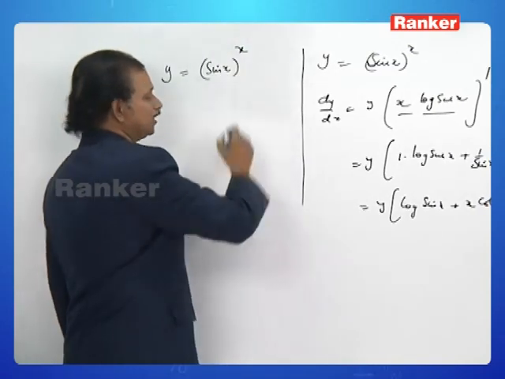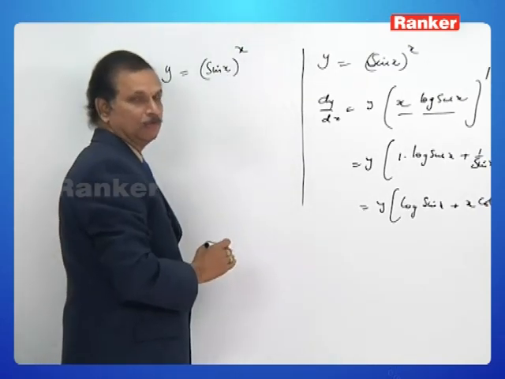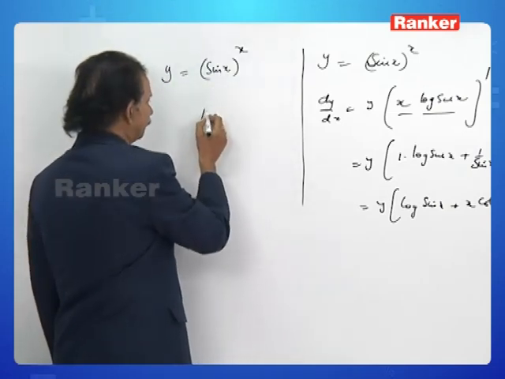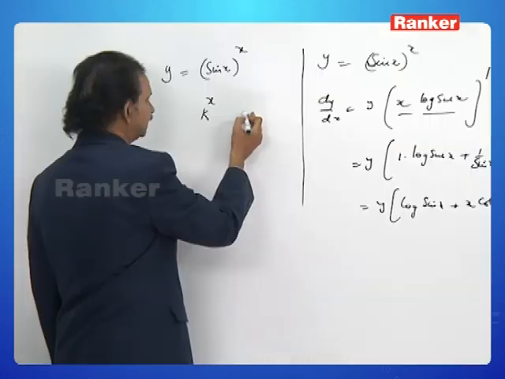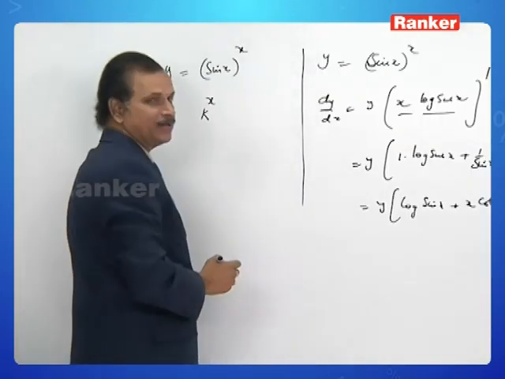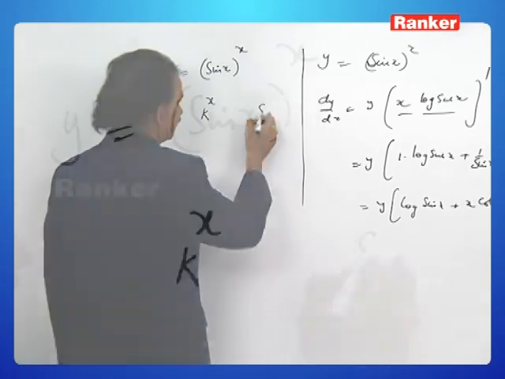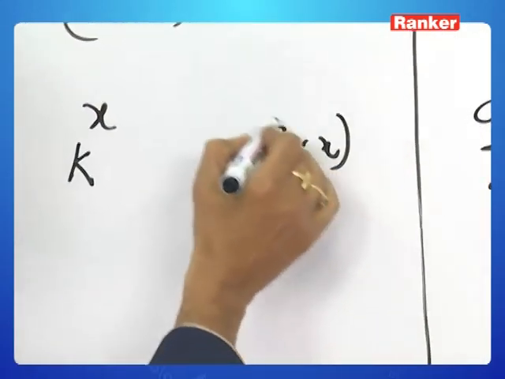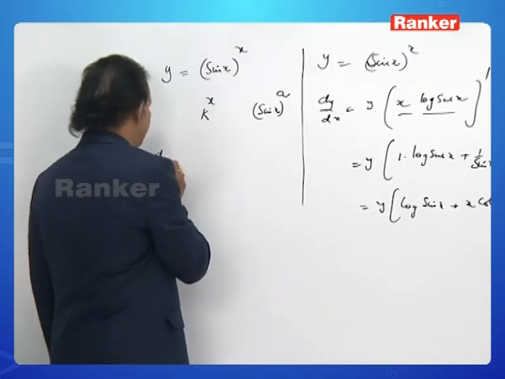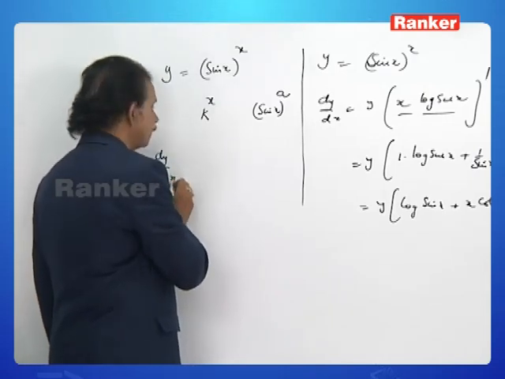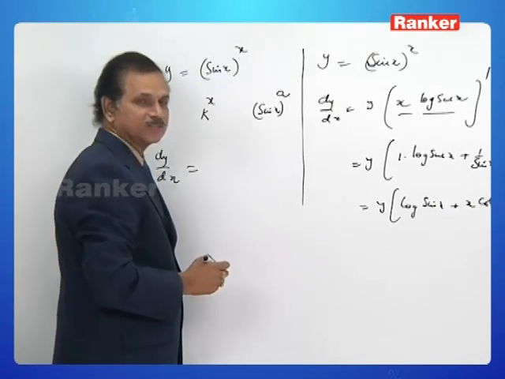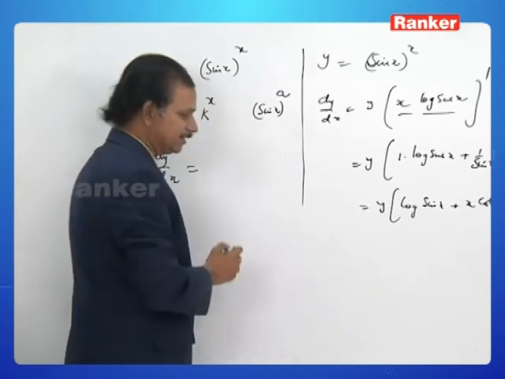You split this into two forms. First of all, suppose the base is some k. Then you take the exponent as some constant, so it is sin x power a. dy by dx is equal to the derivative of k power x, which is k power x into log k, isn't it?